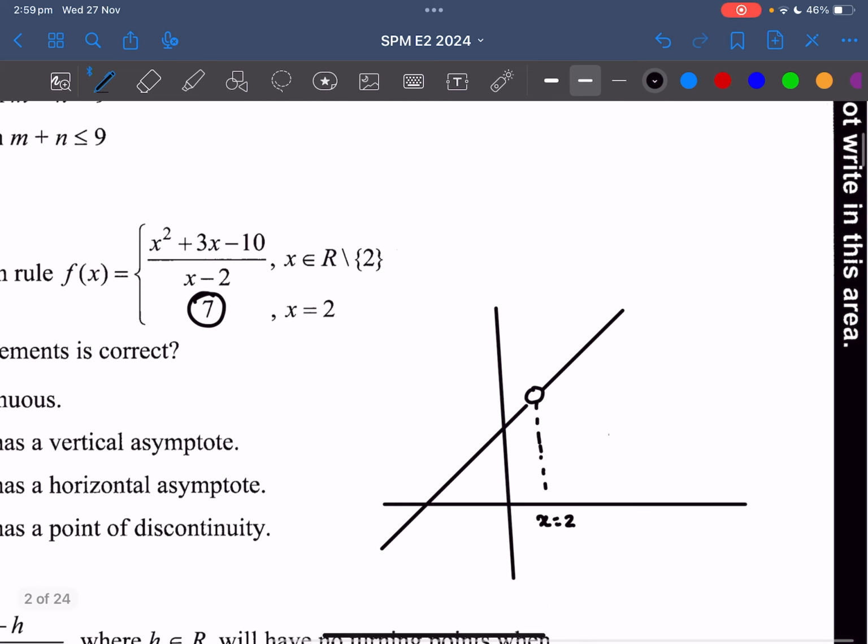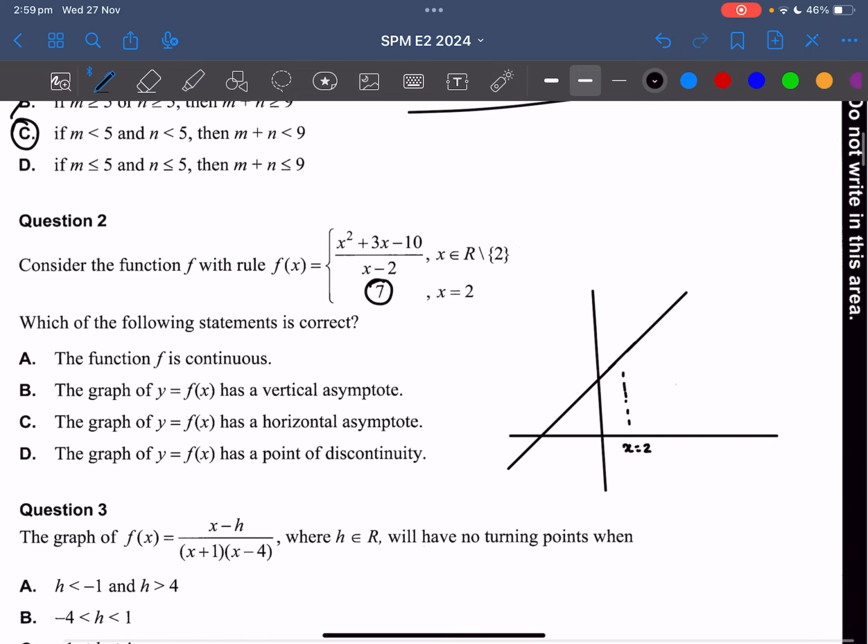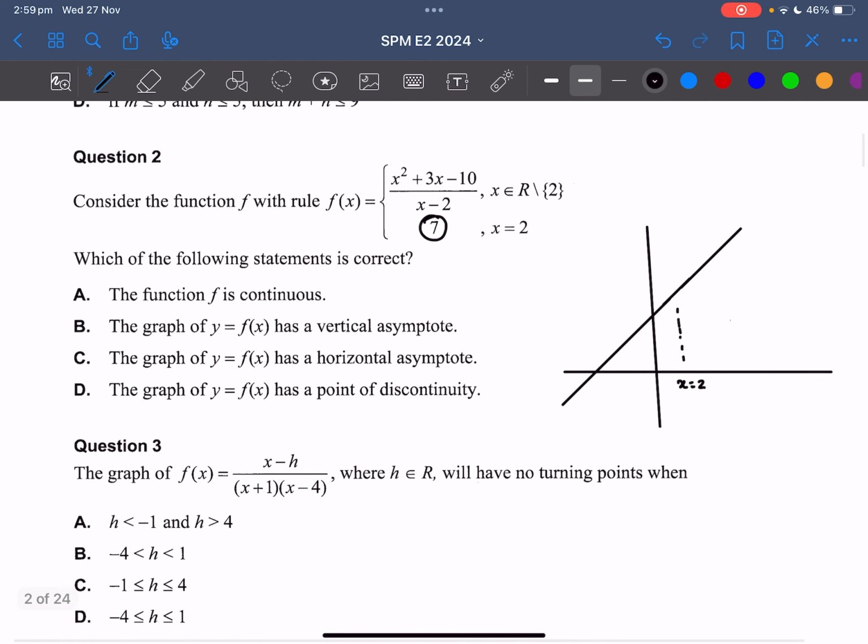So basically that fills the gap in again. So all we really have is just one continuous line like that, without any discontinuity. And of course it wouldn't have any asymptotes either, so it can't be options B, C and D, so the answer is going to be A. Okay, hopefully that made sense.